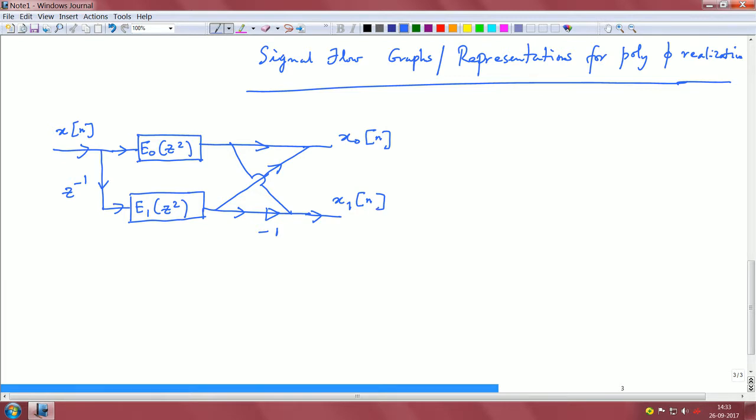So, basically this is a two band representation. Two subbands we have, and we have signals x0 and x1 that are realized through polyphase representation. So, this is the analysis bank.